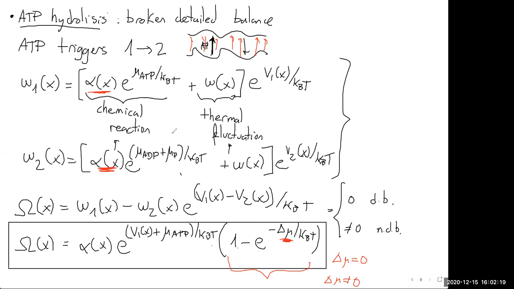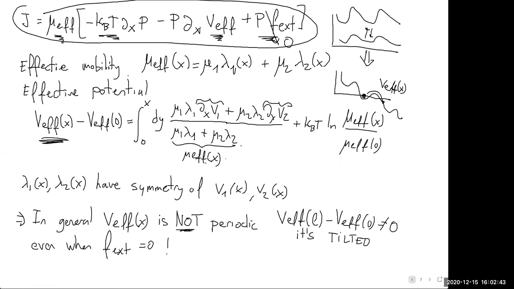What we say in general in molecular motors is you can detach the motor with a thermal fluctuation, or with a chemical reaction. This is the most general thing. You can have a current, and you don't need an external force. This is a very important take-home message for today. You don't need an external force to get a current.